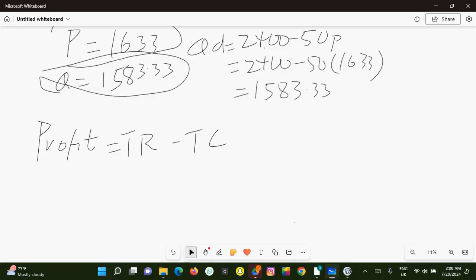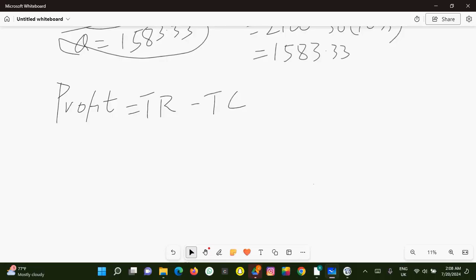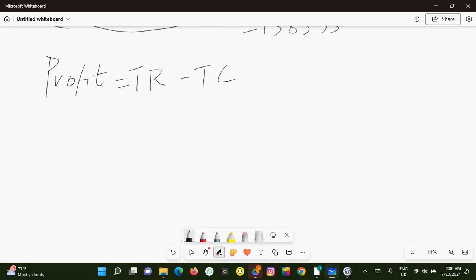But here we are going to use the equilibrium price and quantity. The total cost is what has been given to us.